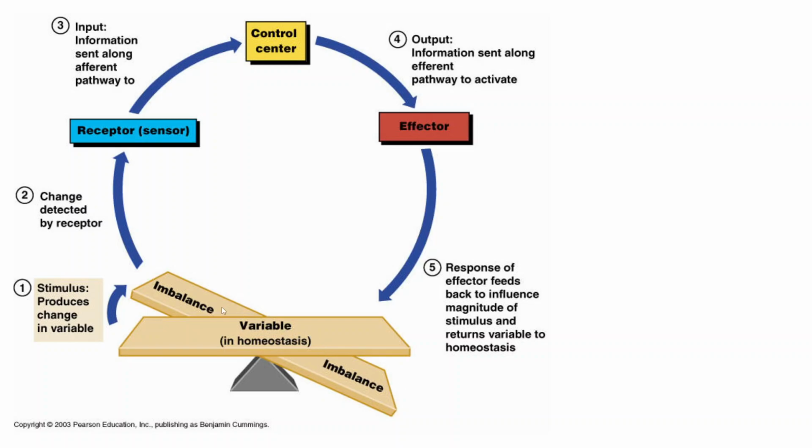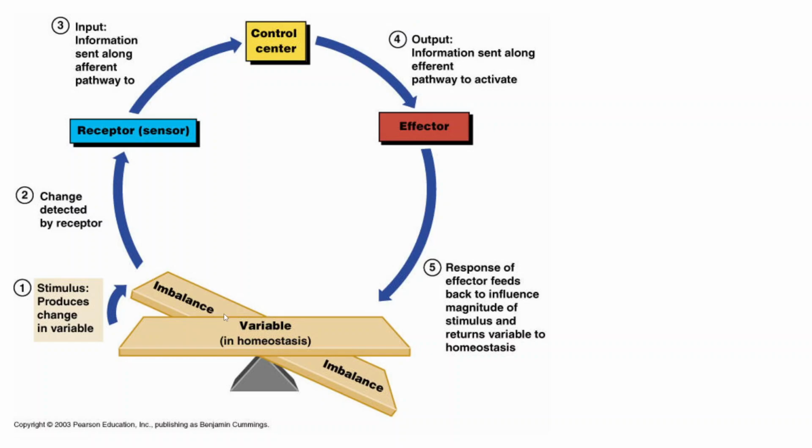Once there is an imbalance of any sort of activity, that imbalance results in a detection of that imbalance. There is a system to detect that imbalance, and then the imbalance is controlled by a higher center, and this results in an effective activity, and that results in maintenance. So this kind of mechanism is present in every system of the body.